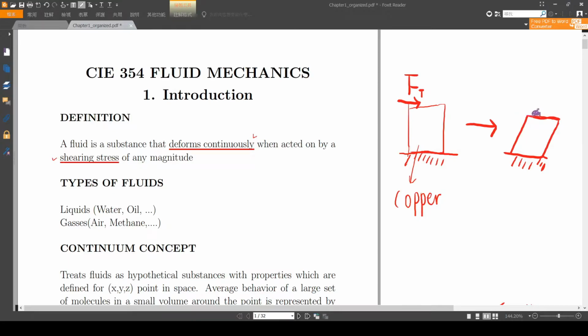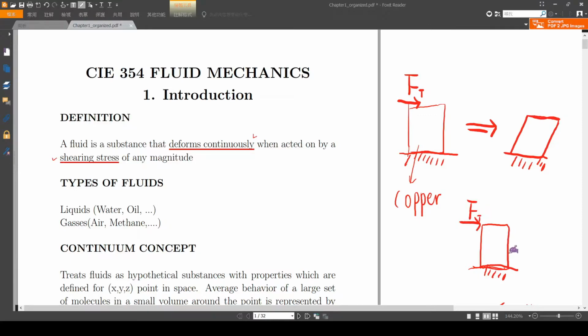And then this kind of deformation will stop. So what do I mean that it will stop? You just imagine that this is the floor and this is the water. Same, you act a tangential force here.